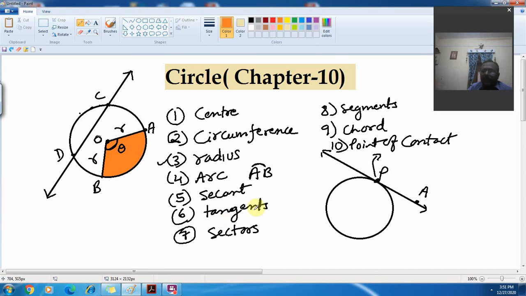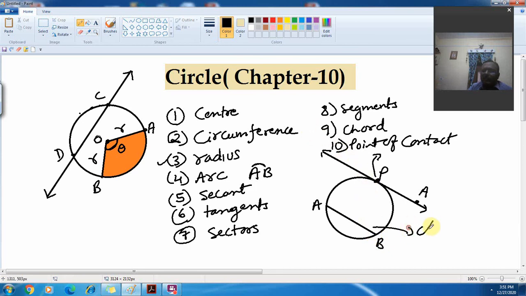Now next is segment. Suppose I draw a line like this. Suppose I connect any 2 points on the circumference of the circle, this line segment AB will be called a chord.